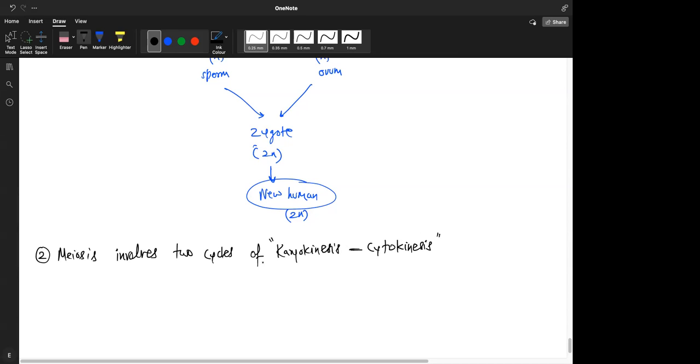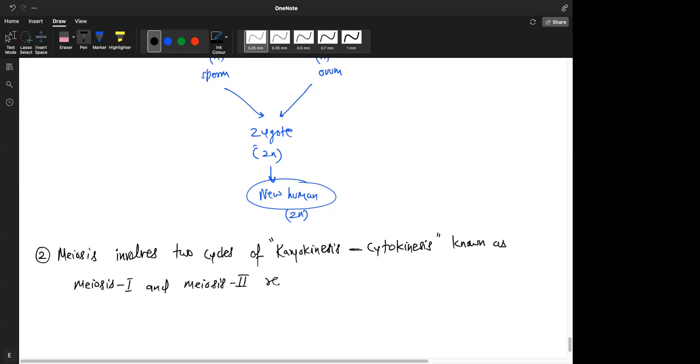So meiosis involves two cycles of karyokinesis followed by cytokinesis, known as meiosis 1 and meiosis 2.